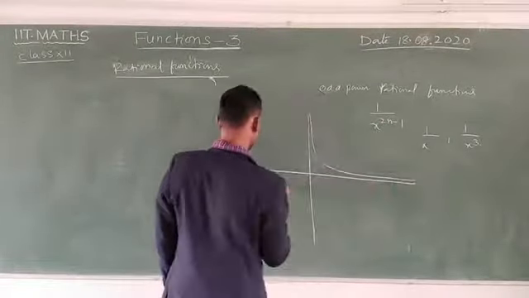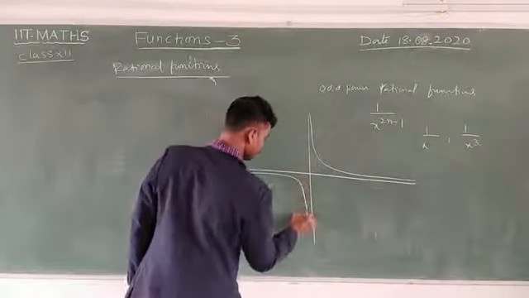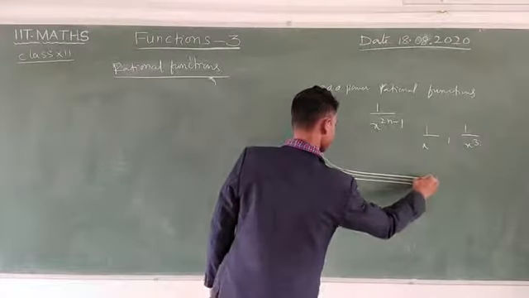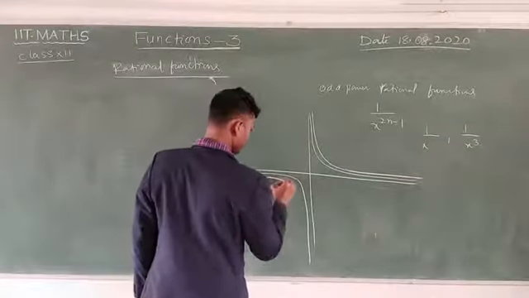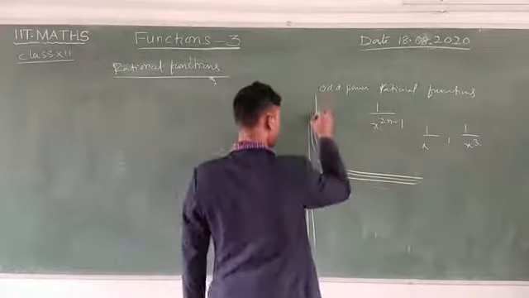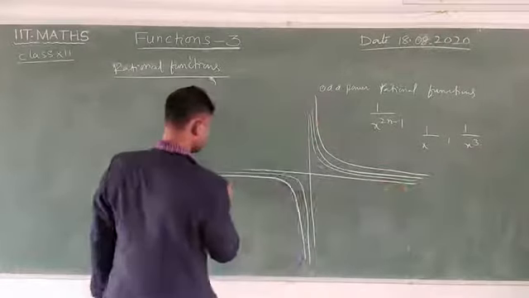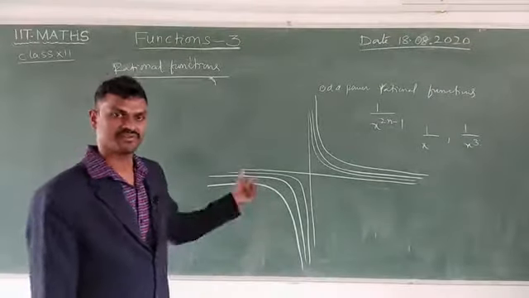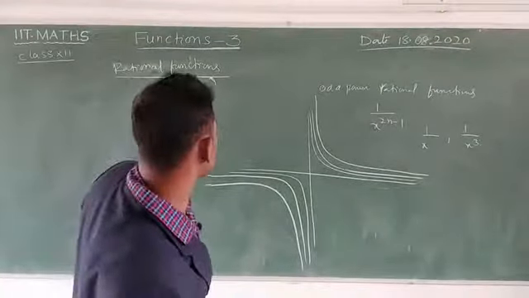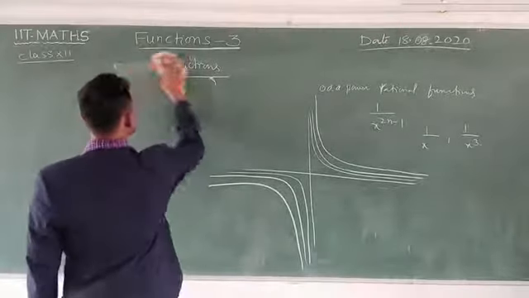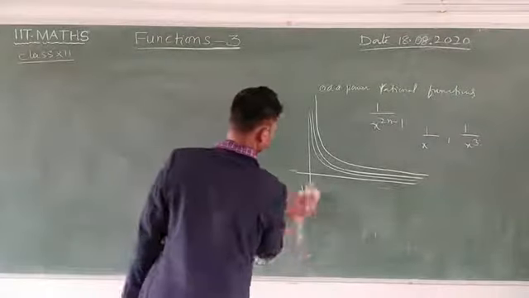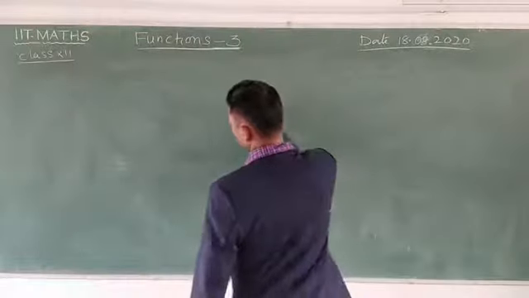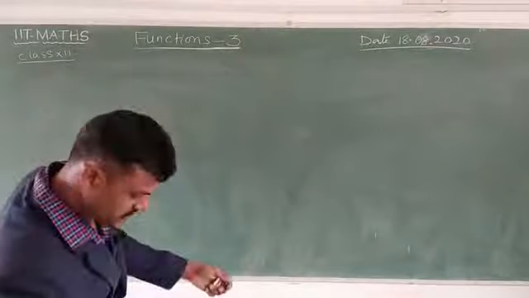This is 1 by x. Next one is x cube. Next one is x to the power of 5. Okay, this is called the odd rational power functions. These are rational functions. Now irrational functions. See here.